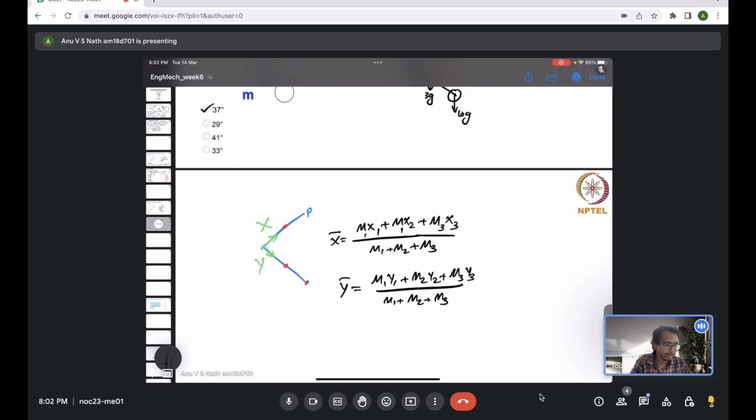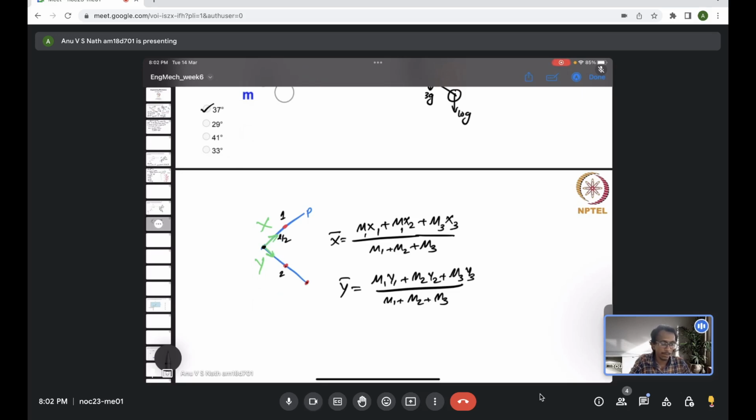So let's say this is the point I chose to measure the x direction. For example, for the first body, its center of mass location from that point is just L by 2. The second body's center of mass is located at 0 from this particular value, right?